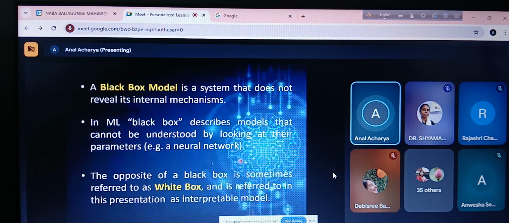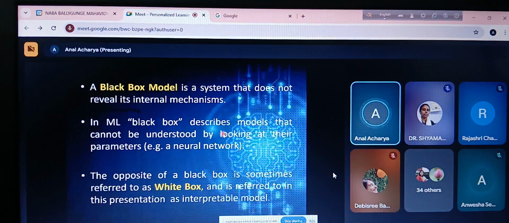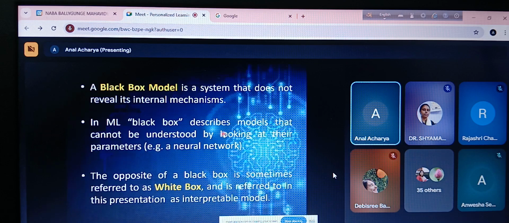So the opposite of black box is sometimes referred to as the white box. Okay, what is white box? Just the opposite. That means we are giving some input and we are given a certain answer.